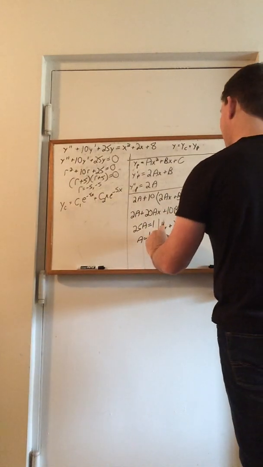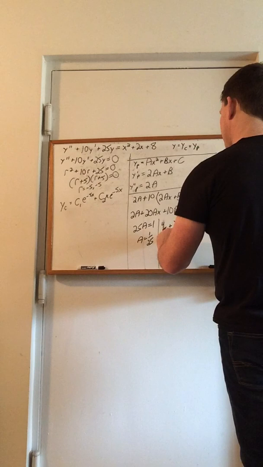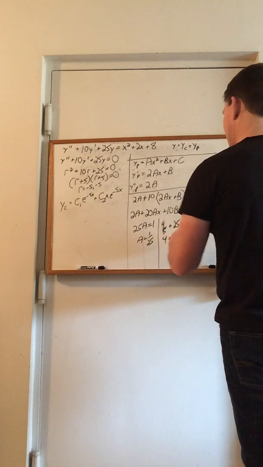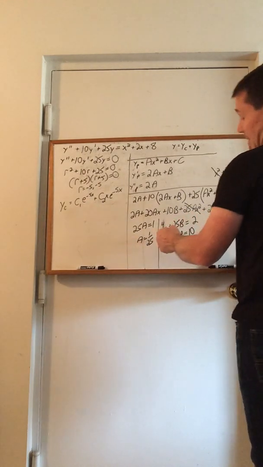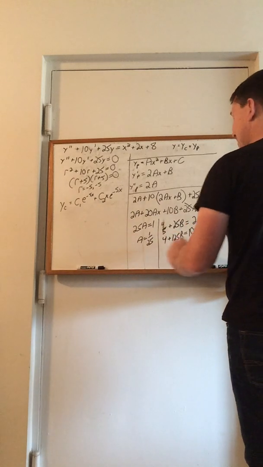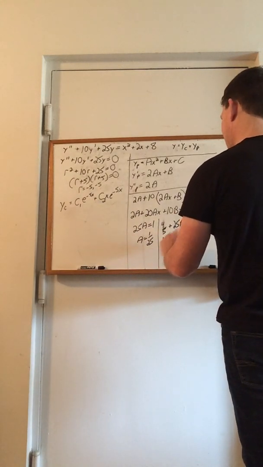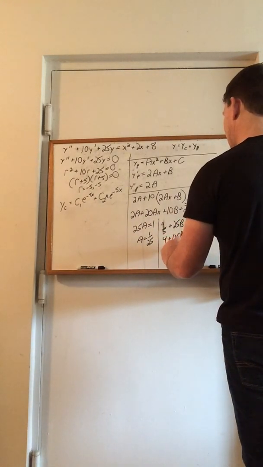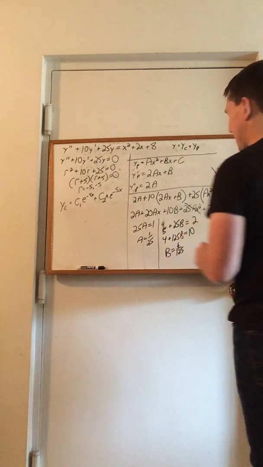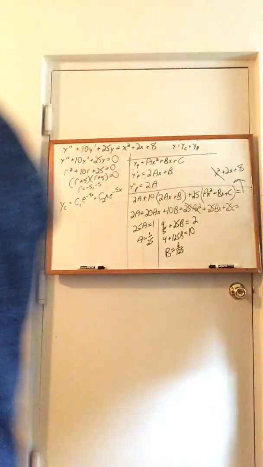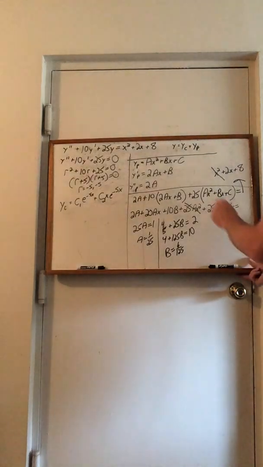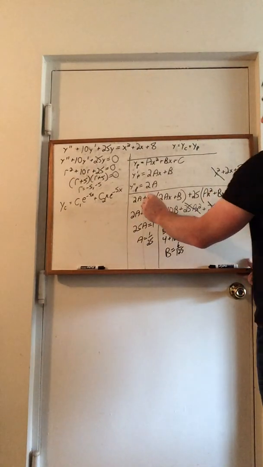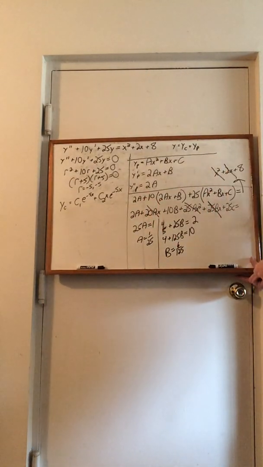Multiply everything by 5, and I get 4 plus 125b equals 10. Subtract the 4, divide by 125, and I get b equals 10 minus 4 is 6 over 125. Not the nicest fraction in the world, but whatever. But now the linear terms, the x terms, are accounted for.